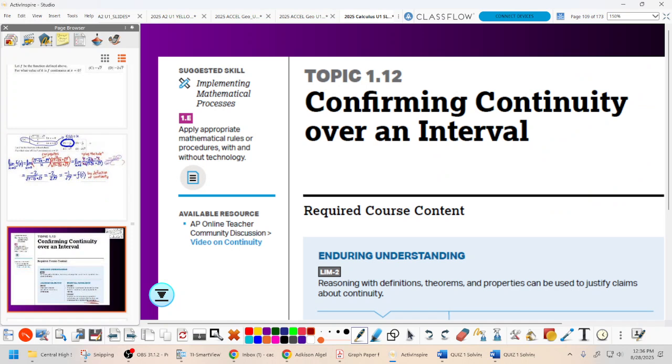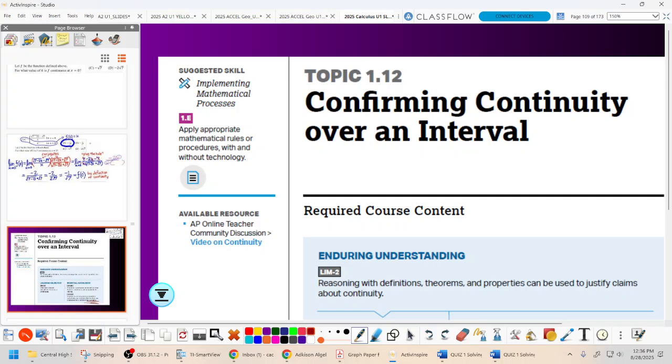So now we're going to, this title, by the way, remember these slides come actually from College Board, and at the beginning I uploaded the CED, which stands for Course and Exam Description, onto Google Classroom. If you ever want to look it up, this stuff is all in there, like these kind of slides. This title to me isn't very descriptive of what we're going to do.